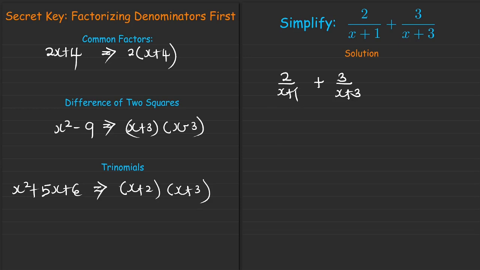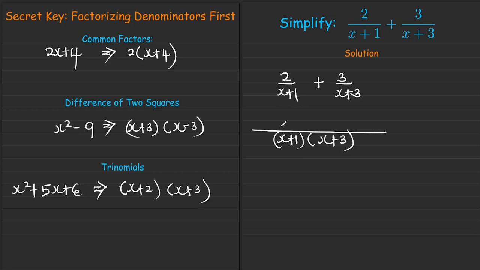To evaluate this, you realize that this has no factorization to be done, and this also has no factorization. So our LCM will be a product of these two. We are going to write x plus 1 and then x plus 3. This becomes our combined denominator.